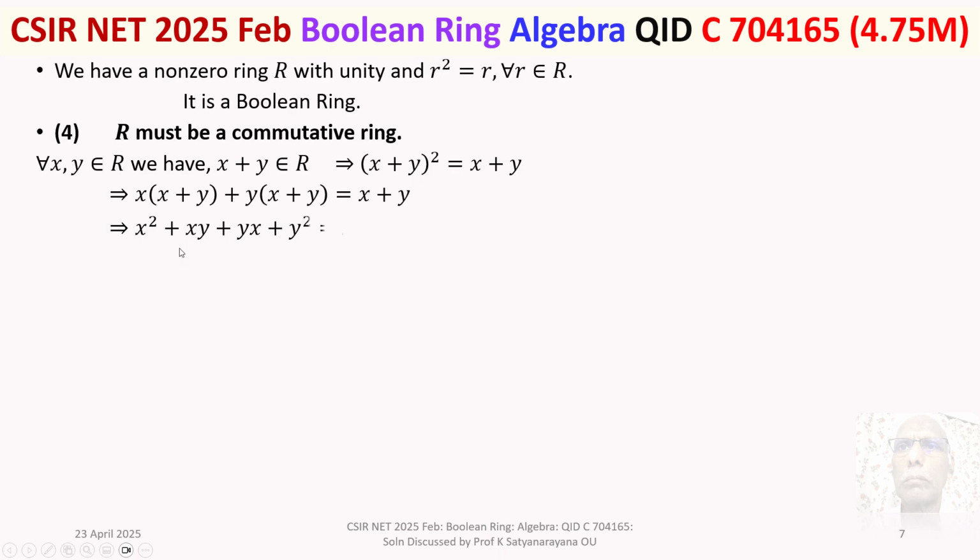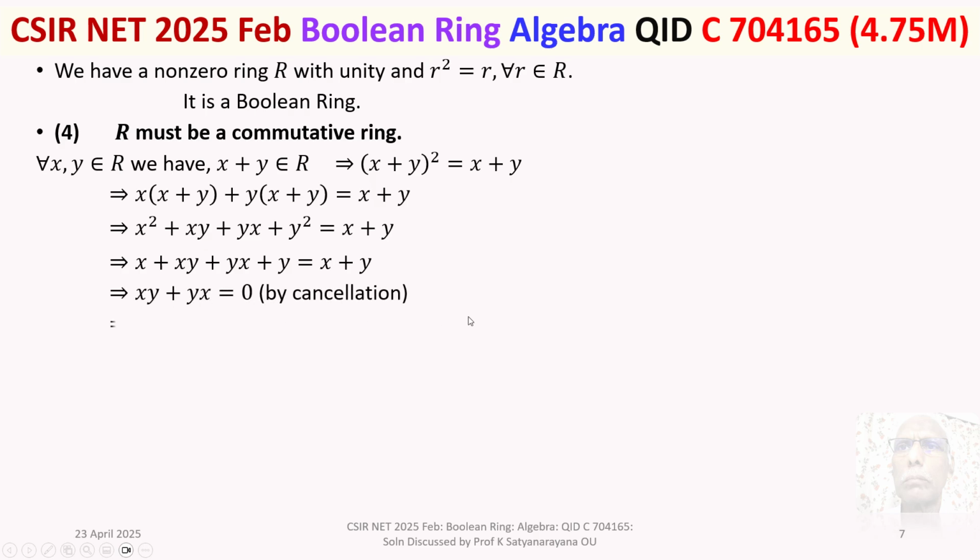You will get x squared plus xy plus yx plus y squared is equal to x plus y. x squared is x, y squared is y. Substitute. And by right and left cancellations, you will get xy plus yx is equal to 0. And this will imply xy is equal to minus yx for all x, y belongs to R.